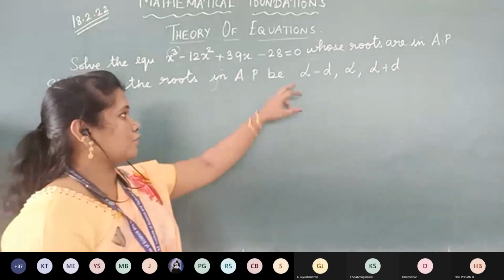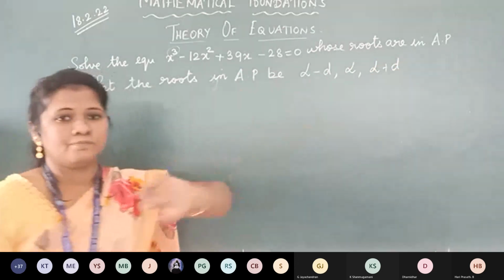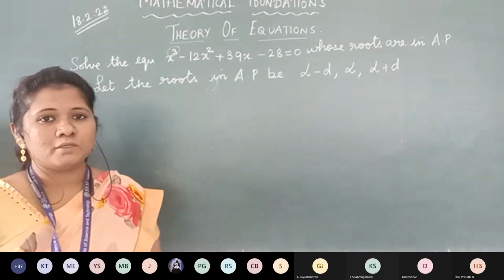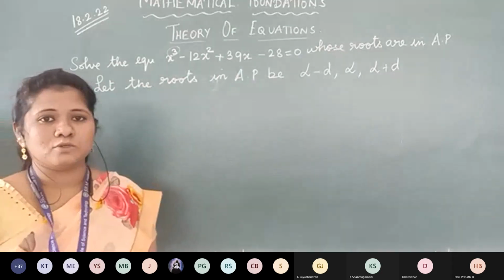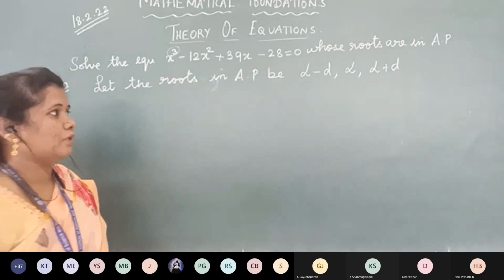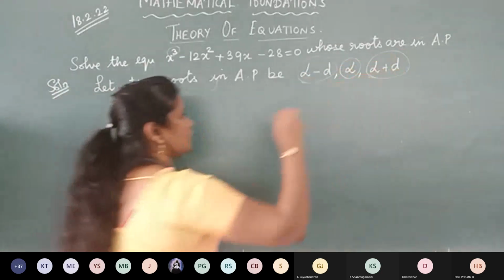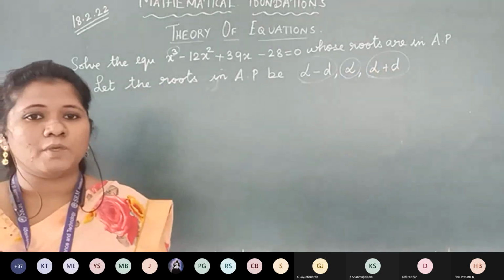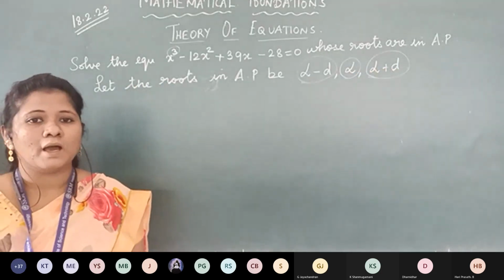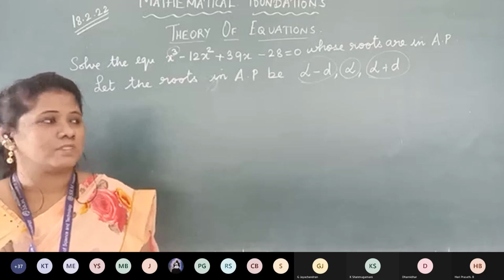Now you have to find out your alpha and your d. If you find them, you can substitute and get your roots. These are the roots we are considering in AP: alpha minus d, alpha and alpha plus d.